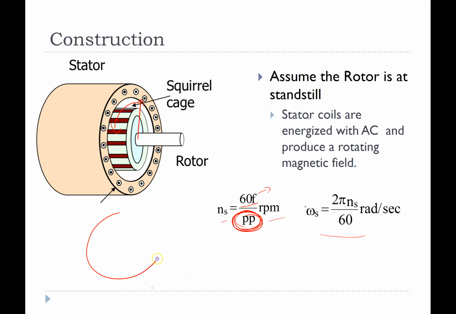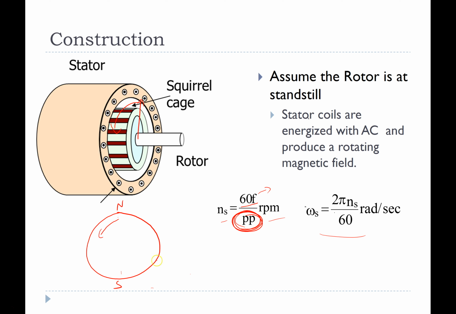If you have a cross section of the motor here, and you have N and S, and you have one pole pair, which is what this represents, one pole pair and one phase, then as the rotor goes, if you have north and south, and the rotor makes one revolution, it will go from north to south to north.